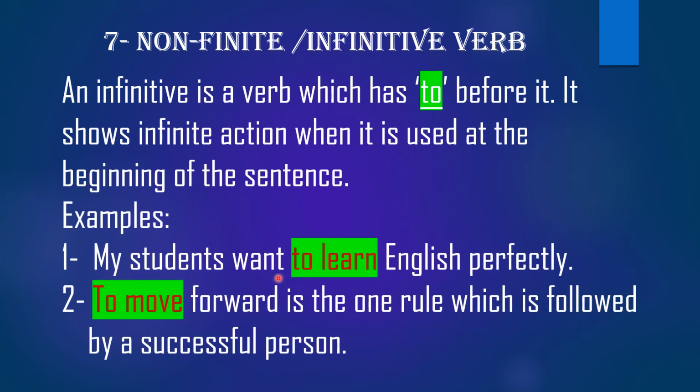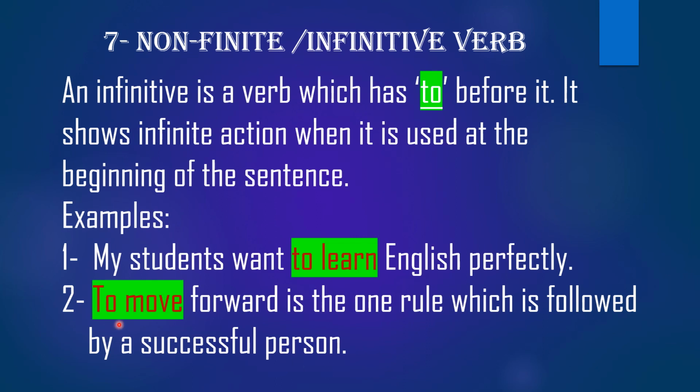My students want to learn English perfectly. Here to learn is our non-finite or infinitive verb. Why? Because here to plus verb is used. Same as, see the second example: to move forward is the one rule which is followed by a successful person.